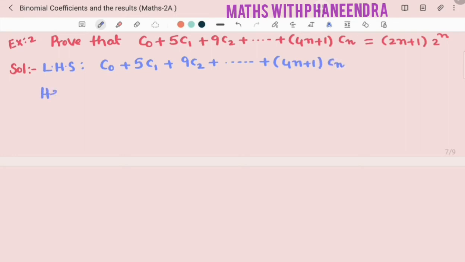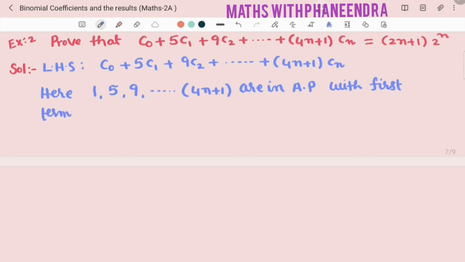Here in LHS, 1, 5, 9 and so on 4n plus 1 are in arithmetic progression with the first term A is equal to 1 and the common difference D is equal to 5 minus 1, 4, 9 minus 5, 4 and so on.